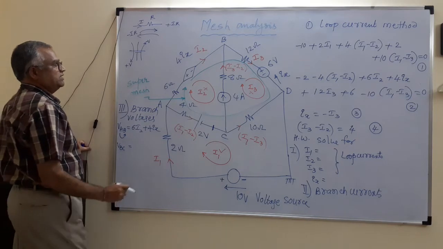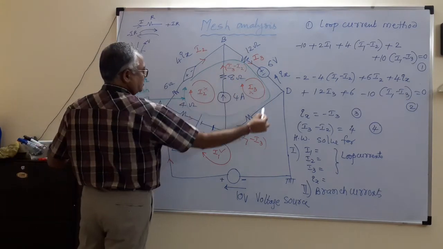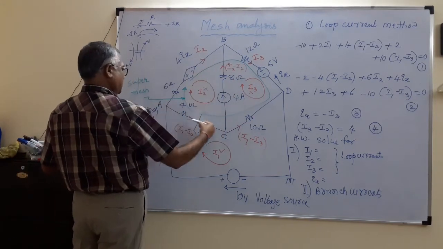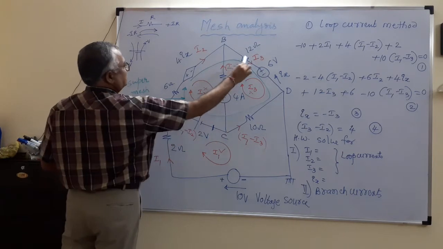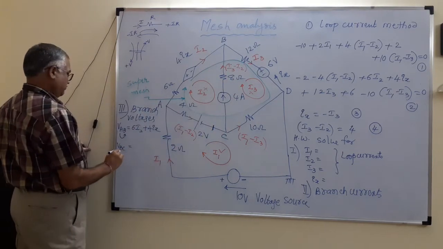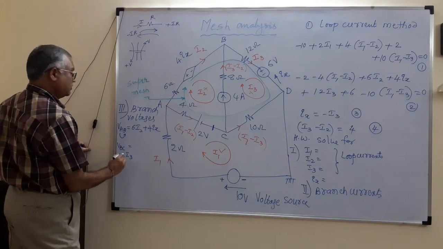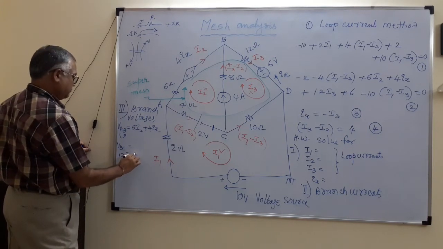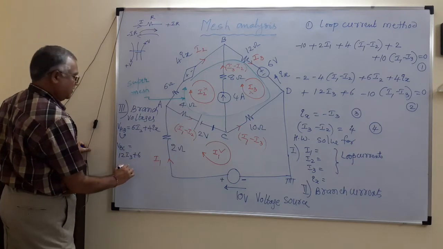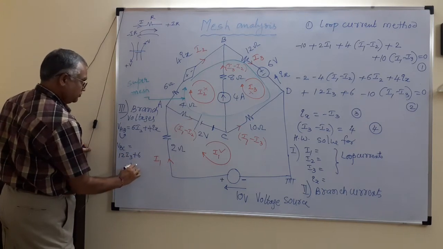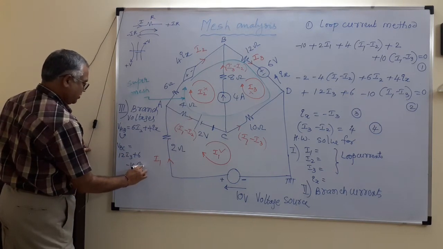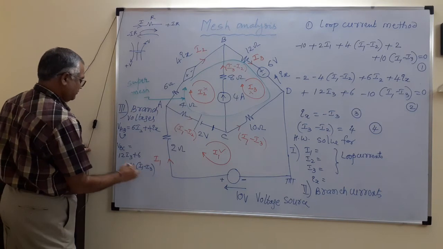Therefore for VBC I am selecting this path, which is better. So 12I3 plus 6 minus 10 into I1 minus I3. This is VBC.